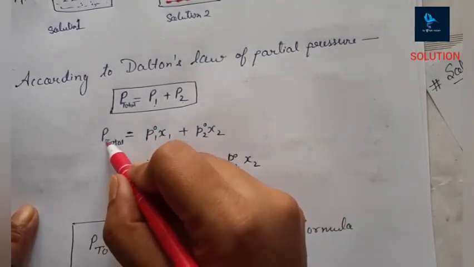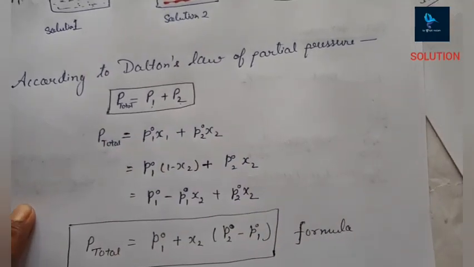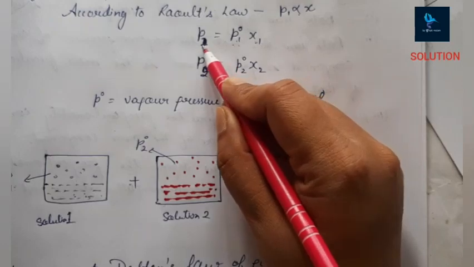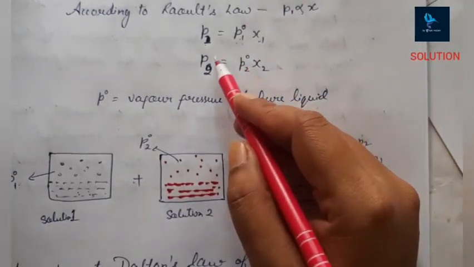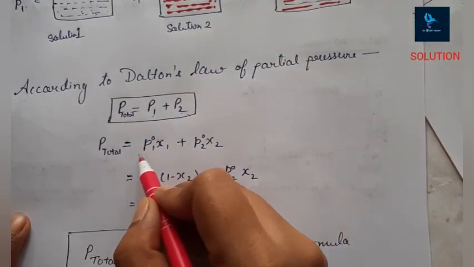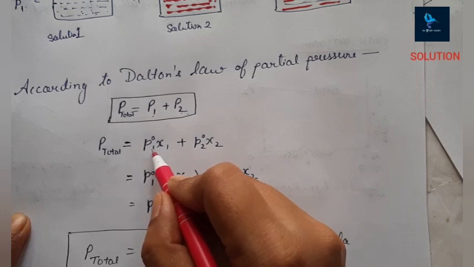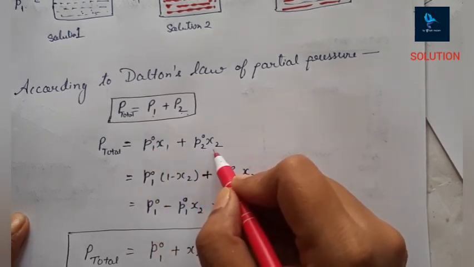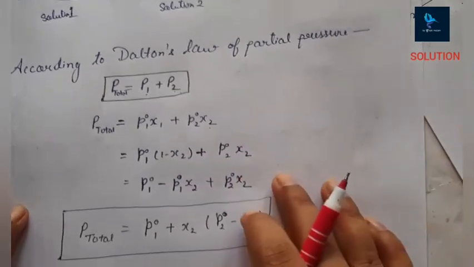When we put the values of P1 and P2 in this formula, we get P total equals P1 naught multiplied by x1 plus P2 naught multiplied by x2.